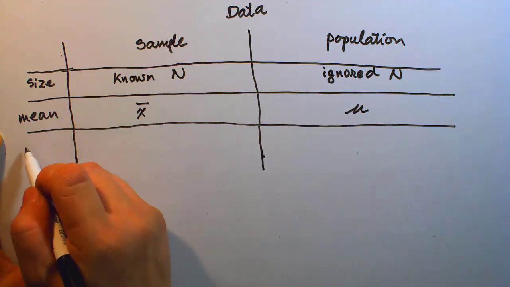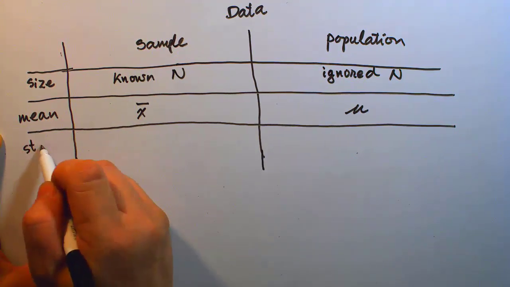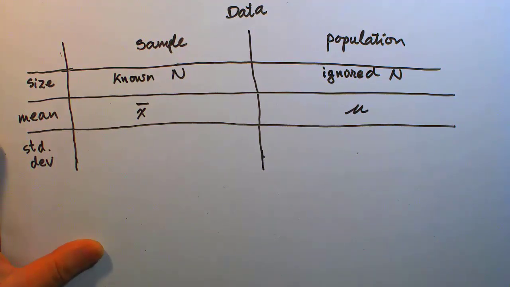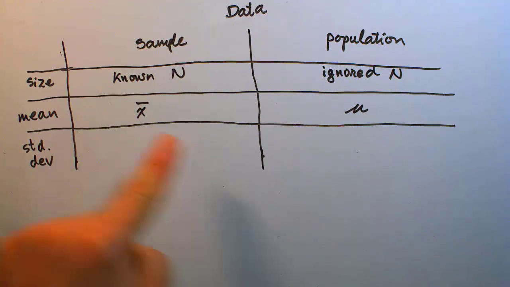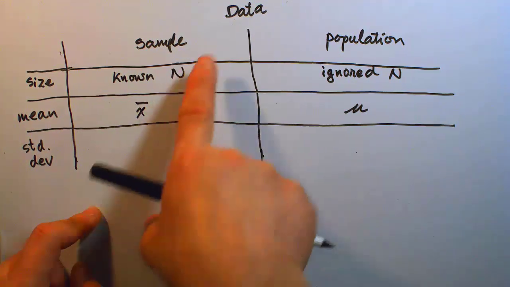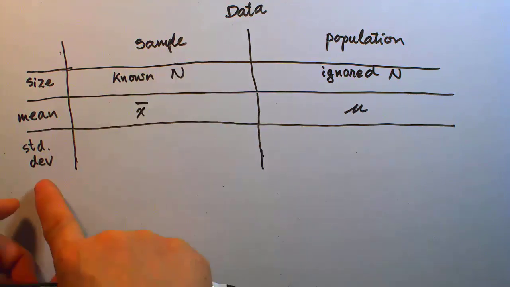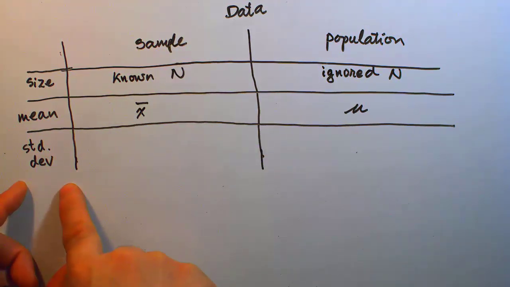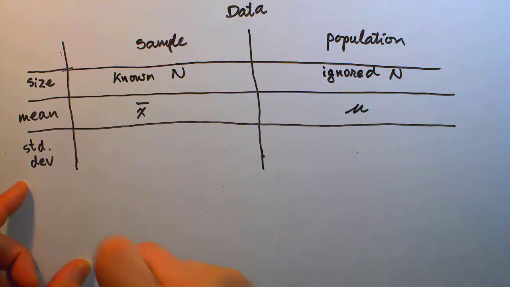Once we have the center of the data, the standard deviation needs to be calculated, the average spread of how data values are spread away from the center. If your data is sample data, then we find the sample standard deviation.